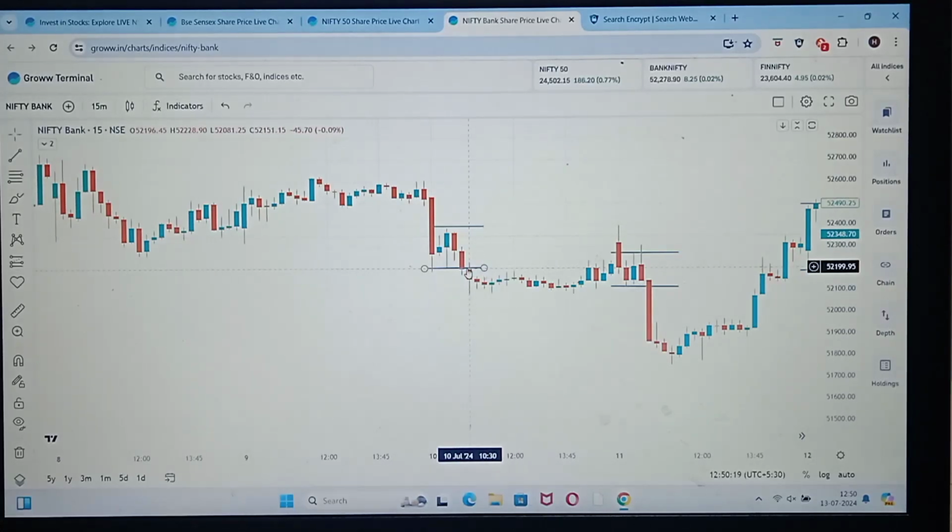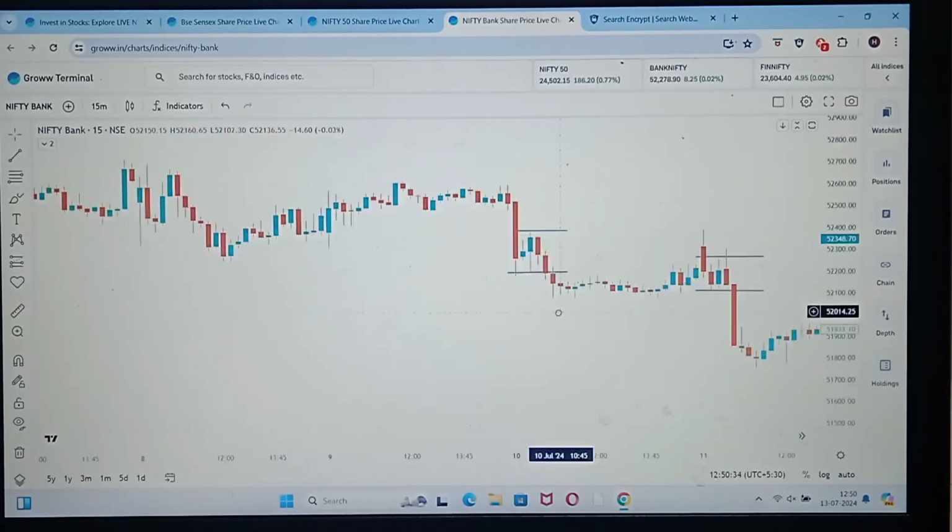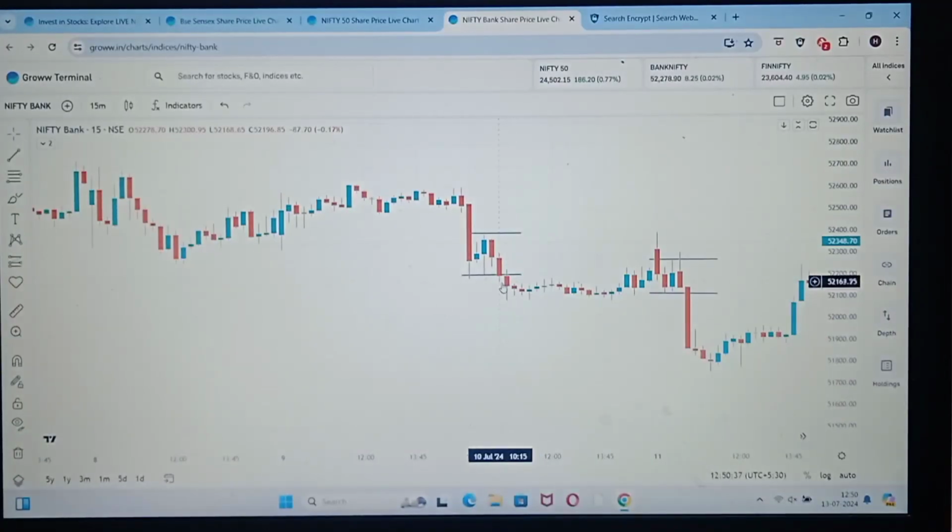So clearly we can initiate our trade at the 52,197 mark on the put side, and we can easily trail our profit for 100 points, more than 100 points, 150 points I think. So a good deal. We can trail our profit for 2-3 candles, as you can see.